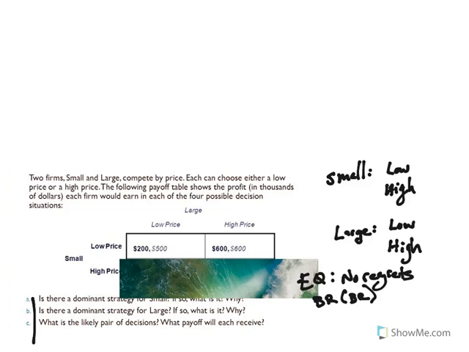So let's start out by looking at what large would do. So what would large do if they knew that the small company is going to play the strategy low price? So we're going to cover up that high price and pretend it's not there just to keep it from distracting us right now. So let's look at their payoffs.